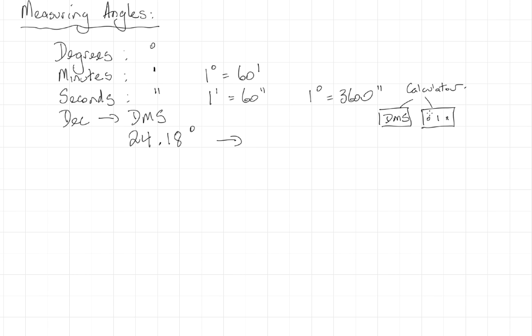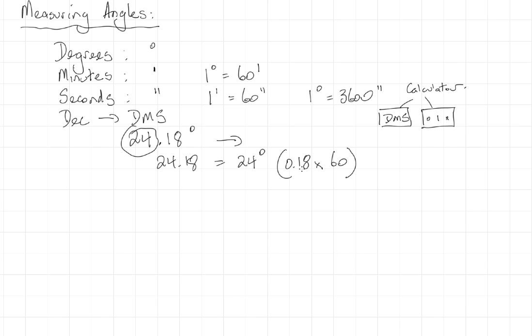If you don't have that, we would need to work through this. We know that there are 24 degrees. So we can say that 24.18 equals 24 degrees, and then it will be 0.18 times 60.